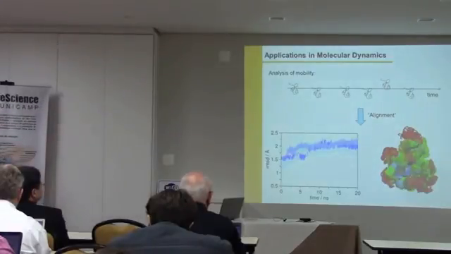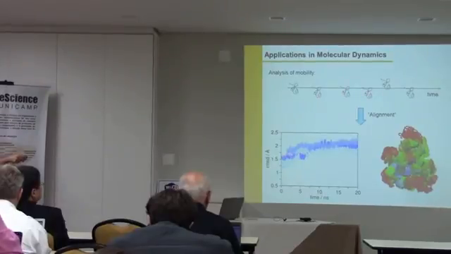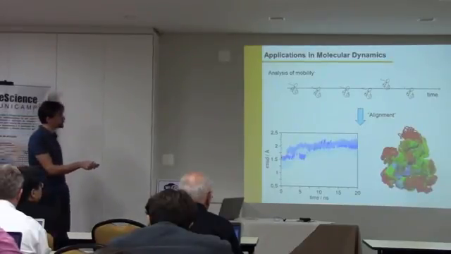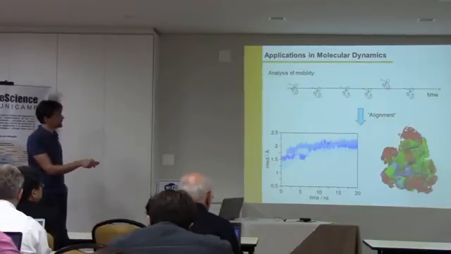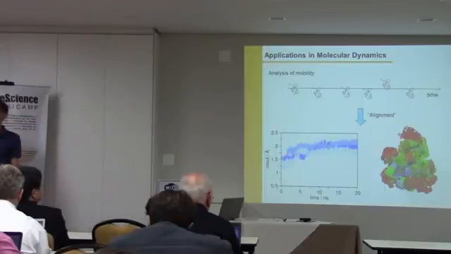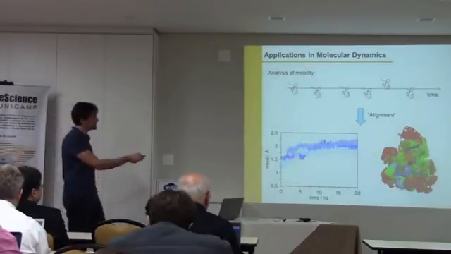Typically, what we do in molecular dynamic simulations, okay, so we have many structures that correspond to the evolution in time of our protein, and we do a structural alignment, and we observe the root mean square deviation as a function of time, and we can see on our structure which are the fluctuations that are related to these fluctuations that were obtained by this structural alignment.